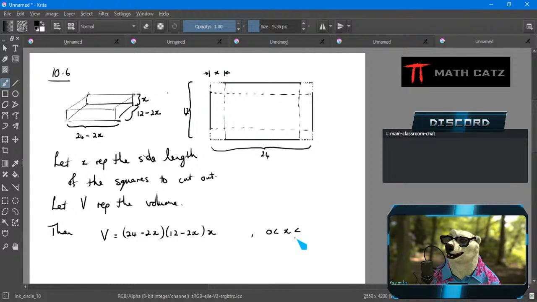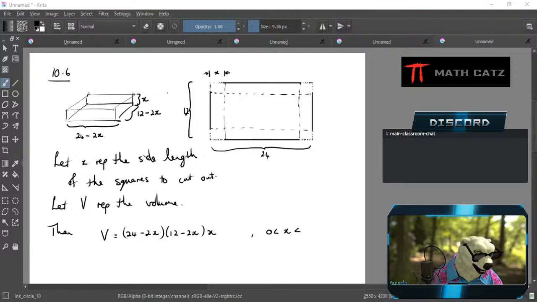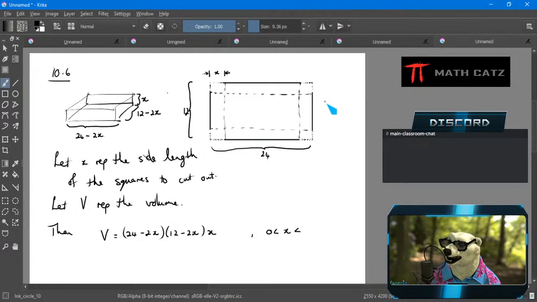How big can x get is the other endpoint that I need to consider. Well, what is the most I can cut out? Thinking about this practically, if I cut into this width of the rectangular sheet, that's only 12 wide, I'm cutting in x, and I'm cutting another x on the other side. I can only cut in to halfway.